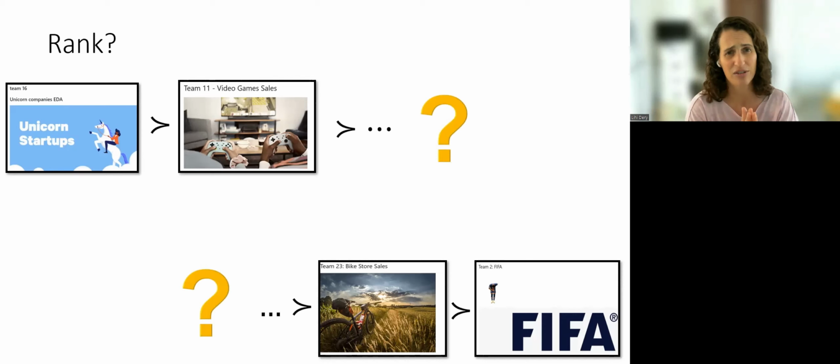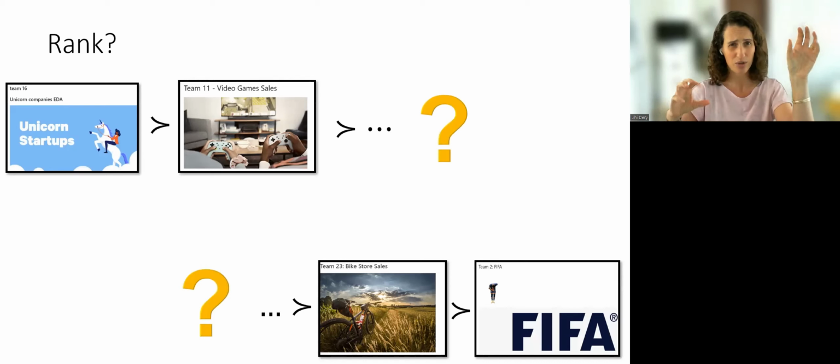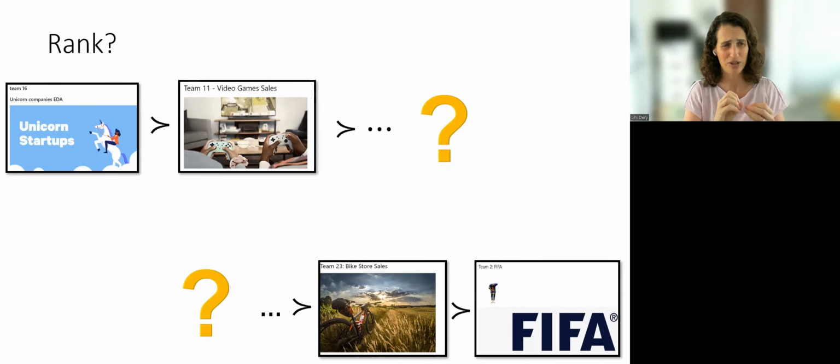So if you sit in a session and see 10 projects, it's easier to rank the highest ones and to rank the lowest ones. And the problem is the middle. Which project should I put in the 5th place and which project should I put in the 6th place? This is something that creates a cognitive overload. And this is not something that is unique to my students.